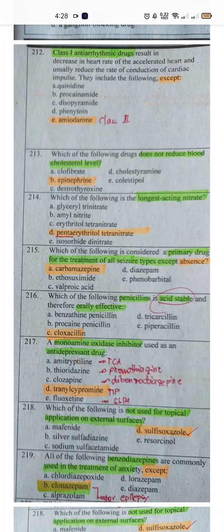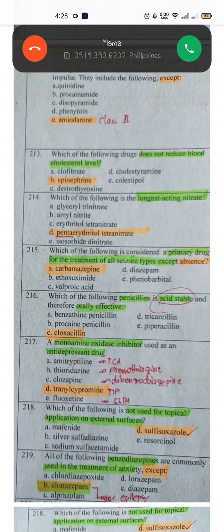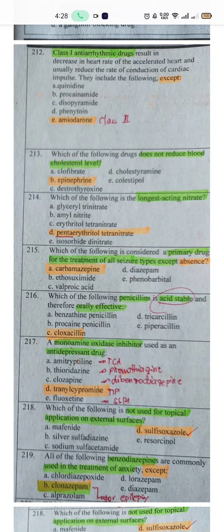Your thioridazine is a phenothiazine and is also used as a neuroleptic drug. Your clozapine is a dibenzodiazepine, and your fluoxetine is a selective serotonin reuptake inhibitor. So your tranylcypromine, amitriptyline, and fluoxetine are antidepressant drugs. Your thioridazine and clozapine are neuroleptic drugs.